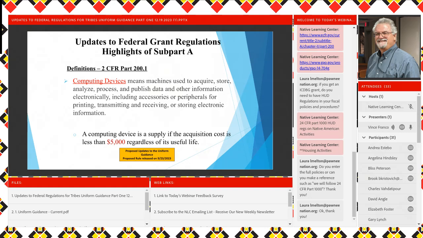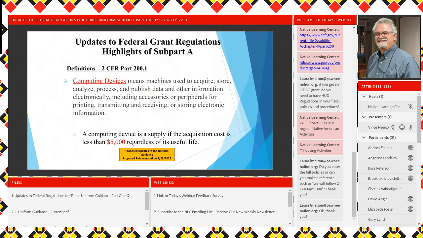One is, what is the function of it? A lot of things once classified as equipment are now moving over to supply, like computing devices. And $5,000 is the current dollar threshold for considering computing devices a supply. See the little box below it?